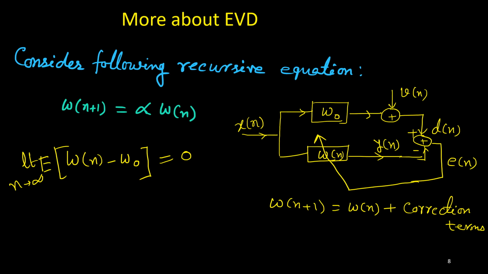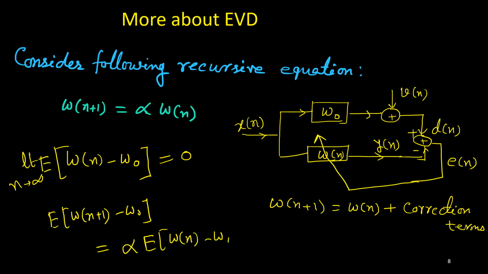In our case, what I want is that this quantity should be equal to 0, and we'll show that the expected value of Wn plus 1 minus W0 can have a recursive rule, some alpha times the expected value of Wn minus W0.